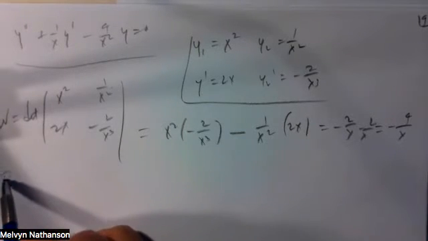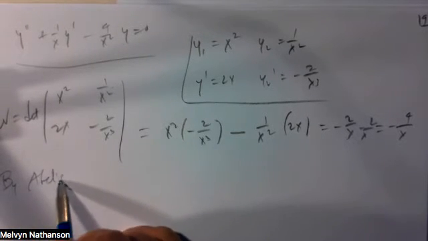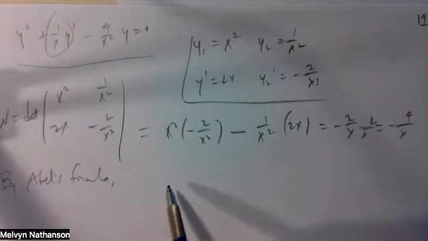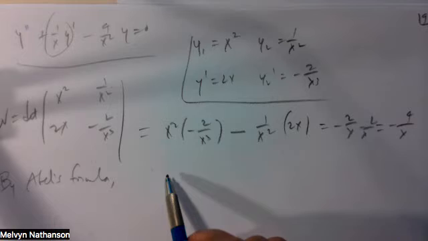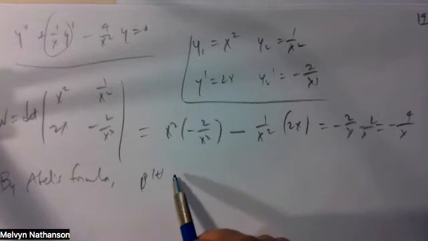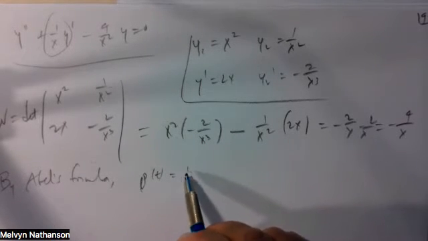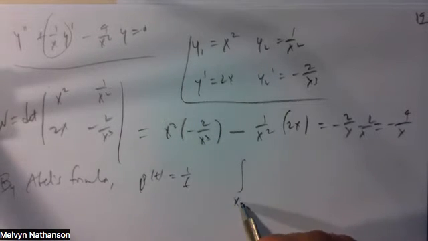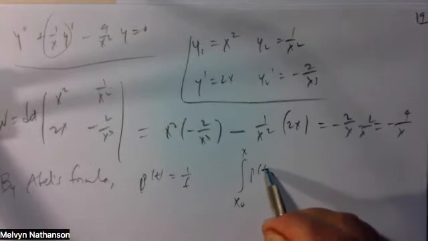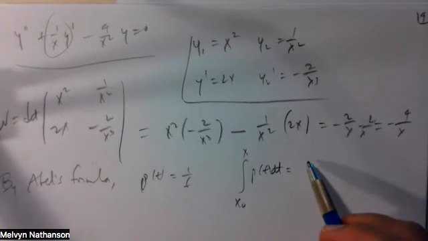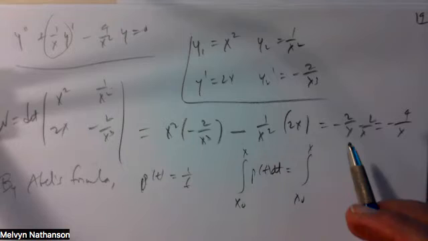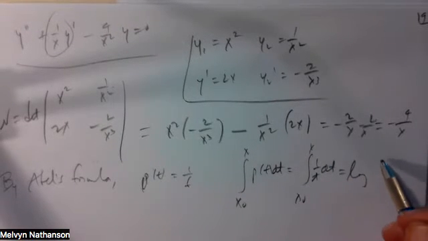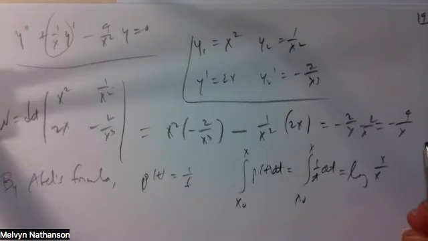What about by Abel's formula? So the coefficient of y prime is 1 over x. So p of x is 1 over x, p of t is 1 over t. The integral from x naught to x of p of t dt is the integral from x naught to x of 1 over t dt. That's the log of x over x naught.